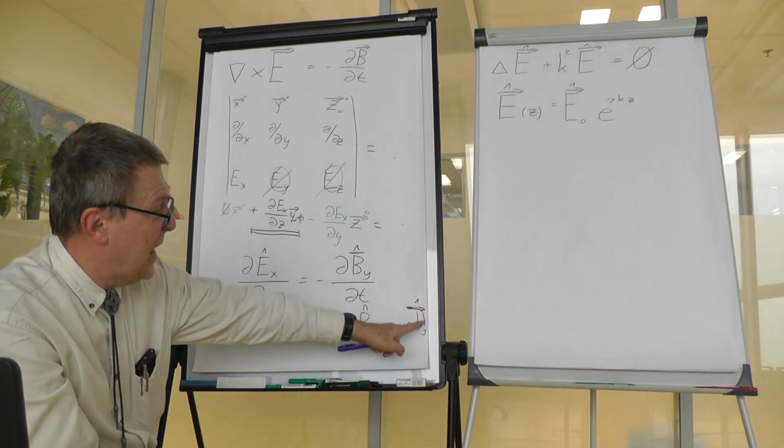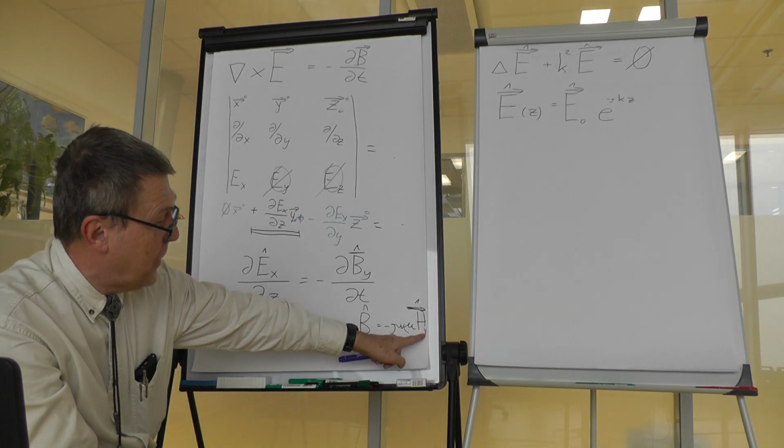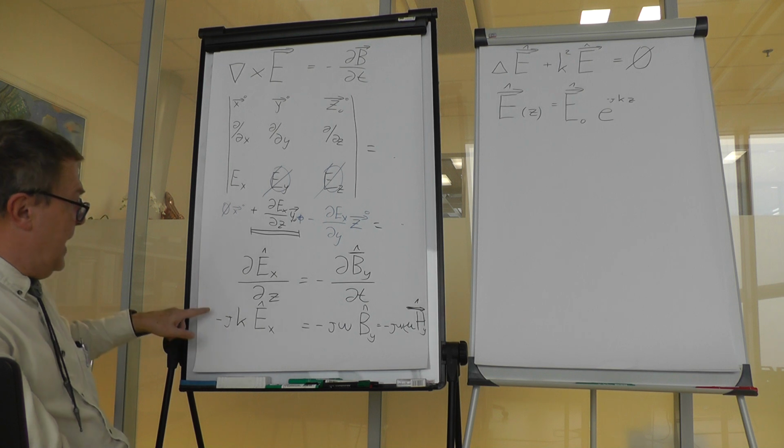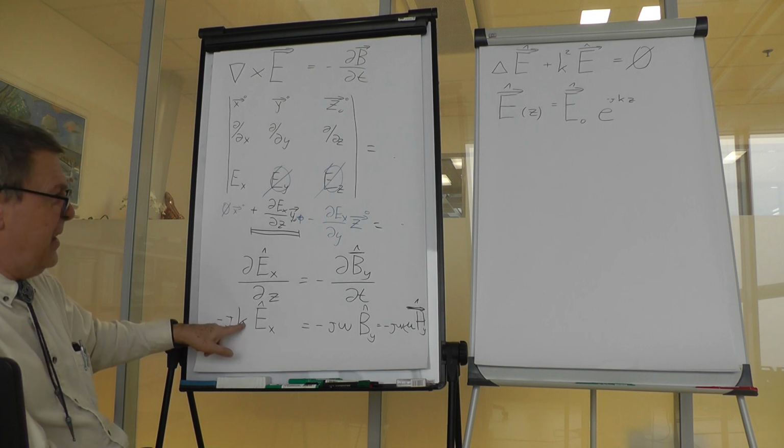We divide the equation by magnetic field intensity Hy and divide the equation by minus jk.